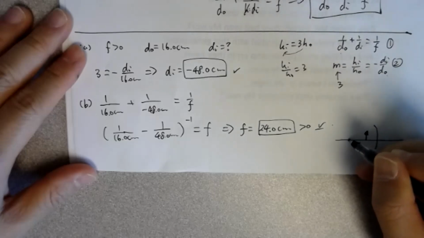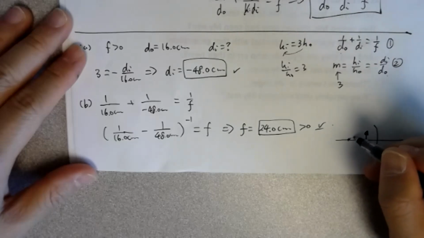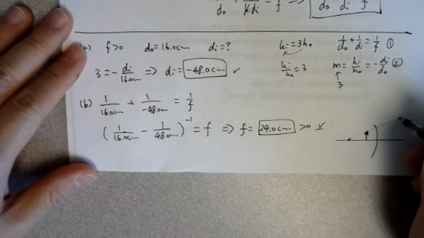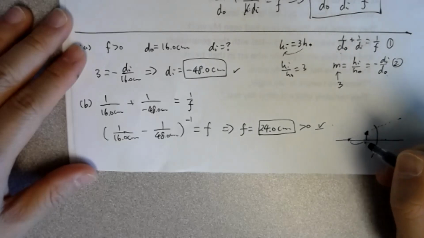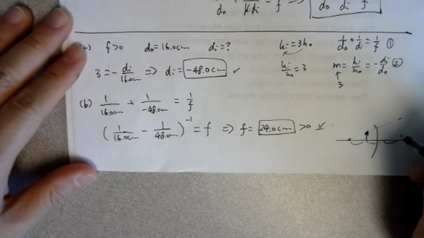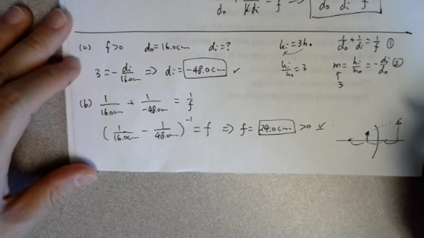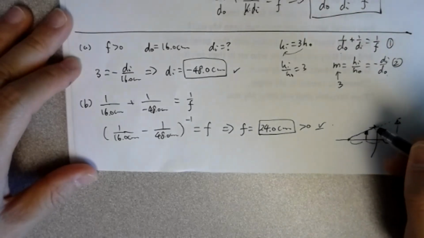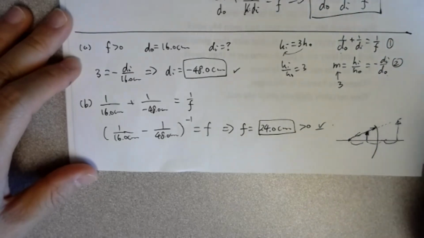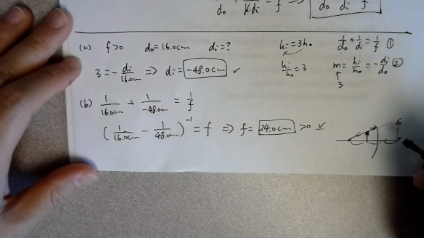The dashed image is somewhere here. So this is a center of curvature ray, it hits and comes right back.